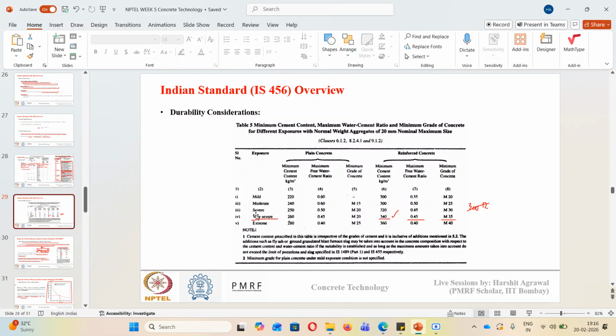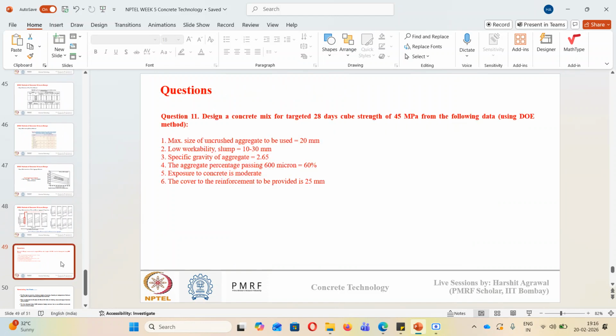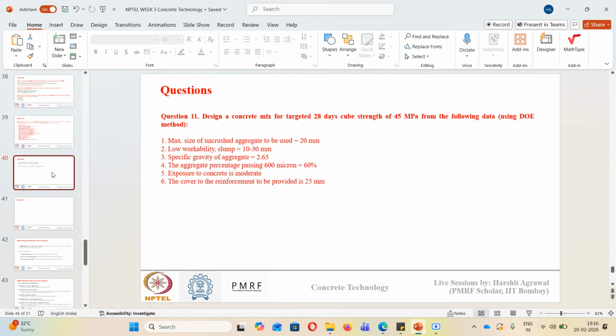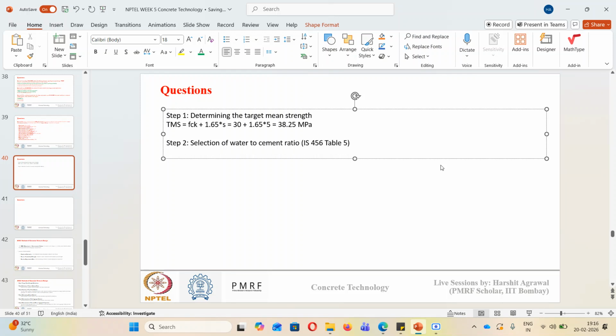So for severe exposure condition and for reinforced concrete, my maximum free W by C ratio is 0.45. Either you can go with 0.45, or you can use the compressive strength versus W by C ratio curve and choose the appropriate W by C ratio. Since it is a trial mixture design, let's take a W by C ratio of 0.45. So we have fixed the W by C ratio.